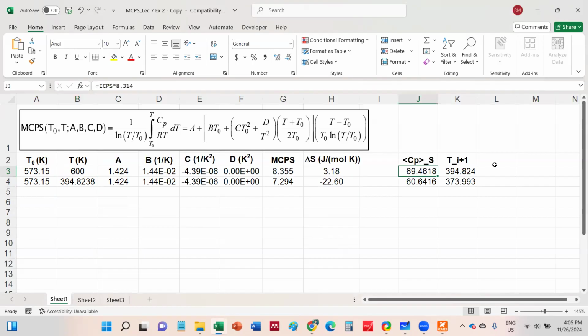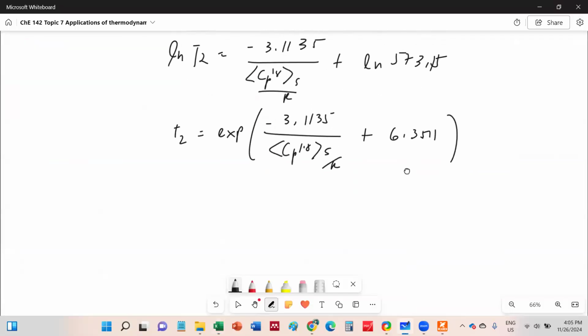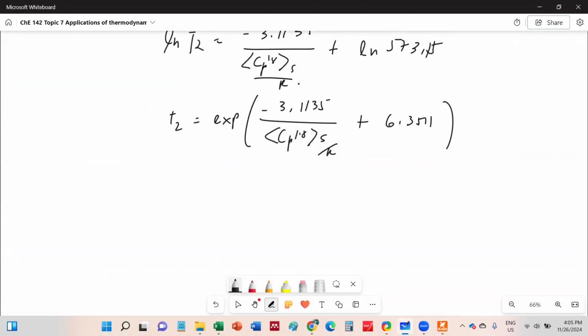In this calculator, it automatically calculates the MCPS over R. Okay. So to get the CP, you multiply the MCPS with 8.314. And then this column is actually this equation, okay? This exponent of this quantity here.